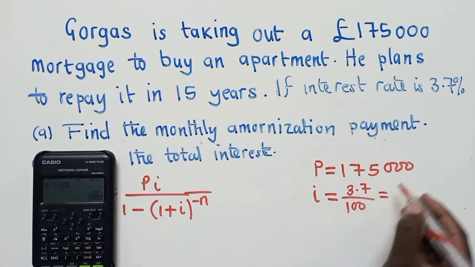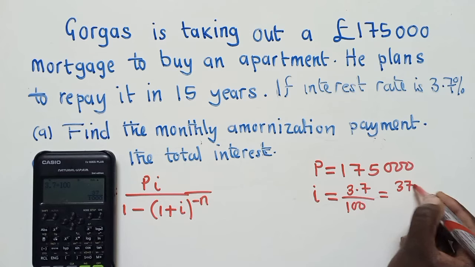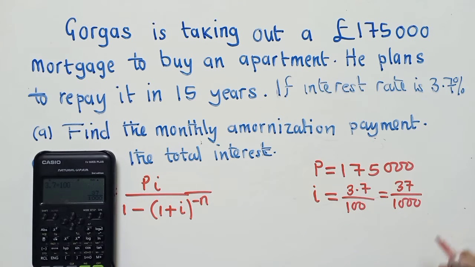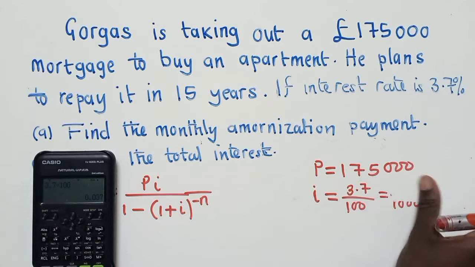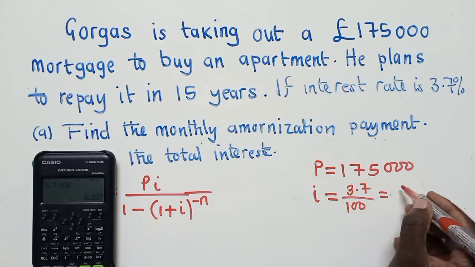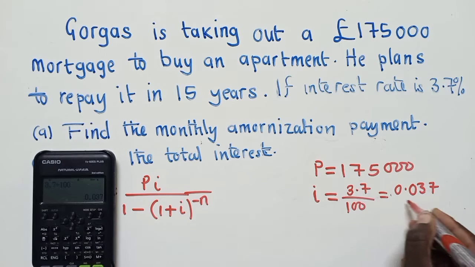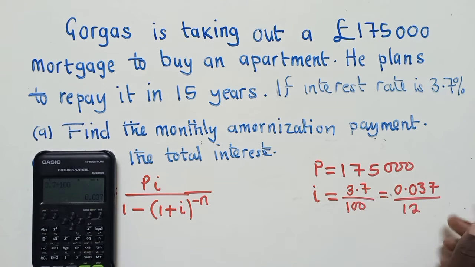So I'm getting 37 over 1,000. Let me put it in decimal form: this new answer, which is 0.037, you divide it by 12. This is the number of months in a year, so 12 months.